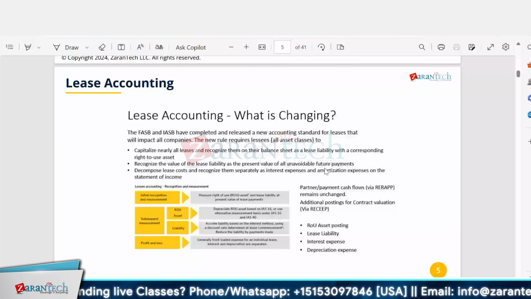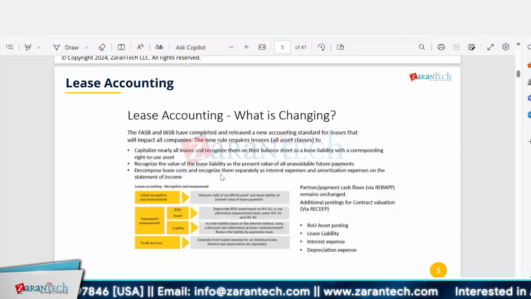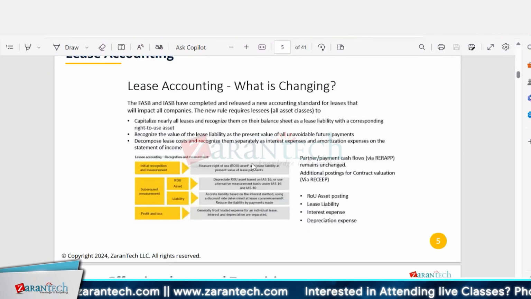Decompose lease cost and recognize them separately as interest expense and amortization expense on the statement of income. Okay. Lease cost, as I mentioned, now there won't be any kind of cost or expense involved. It will be purely your asset capitalization entry and your liability entry.